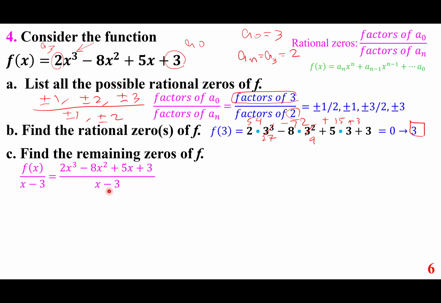And over here, x minus 3, we're going to put 3 there. Division by x minus 3, we put the 3 here. So we drop the 2. We multiply 2 by 3, becomes 6. We add these 2. We get negative 2.